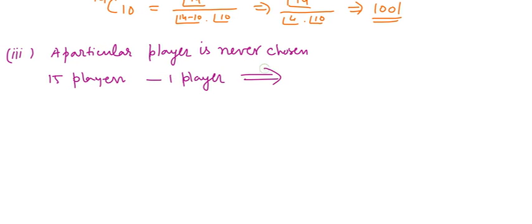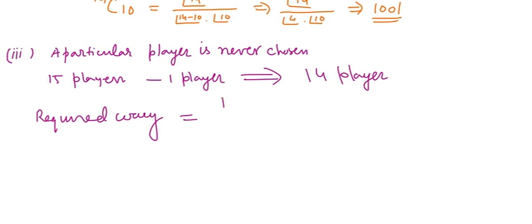It means finally we will have 14 players. So, number of required ways will equal to 14C11. Now you have to choose 11 players out of 14.